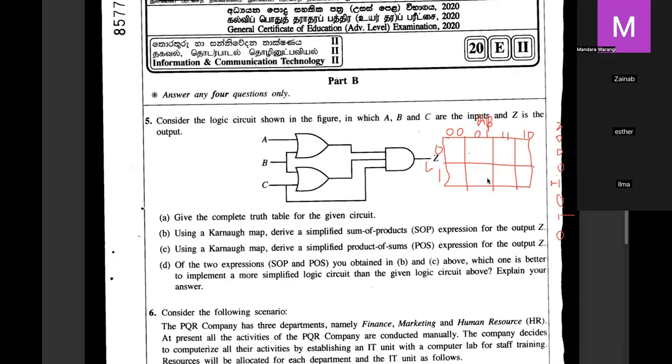You have to mark zeros and ones, and you have to group zeros, not ones. Okay, I will give you 5 minutes. Just do it fast.